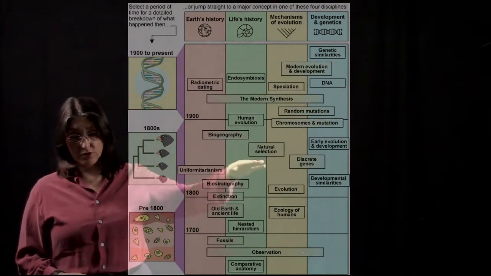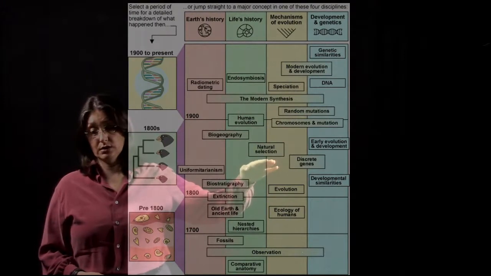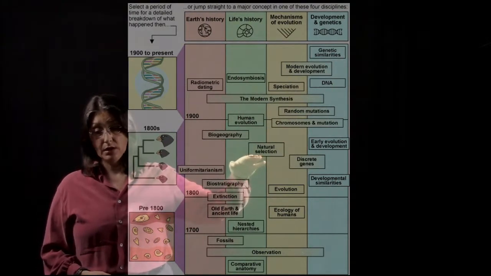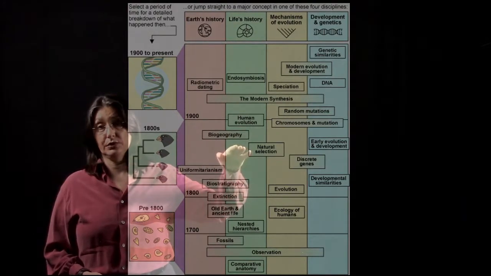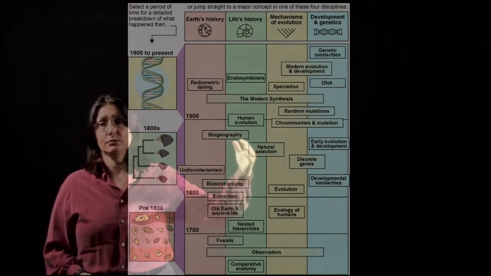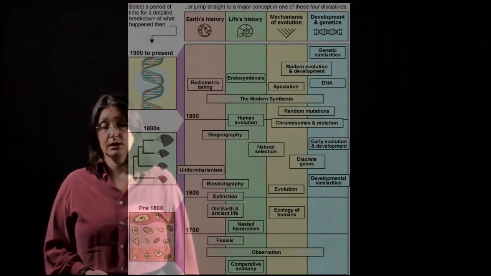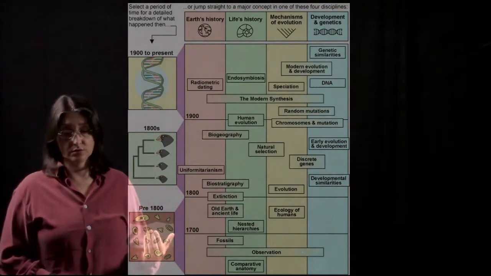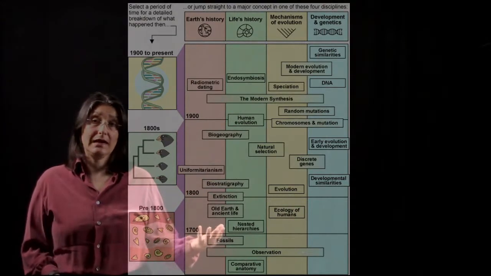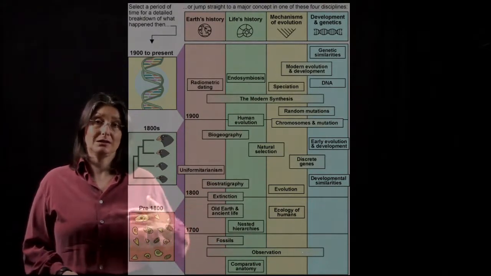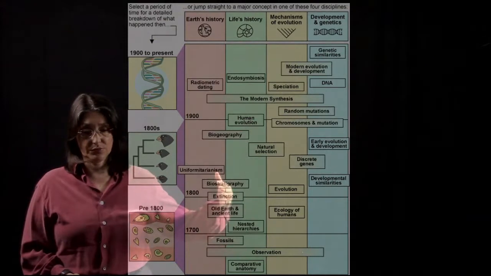So the concept of natural selection, as we just discussed, is shaping up. The idea of biogeography is already very clearly observed by Wallace and a multitude of other naturalists who are exploring the Earth, discovering different organisms that they have not seen before because they're adapted to different climates on different continents.